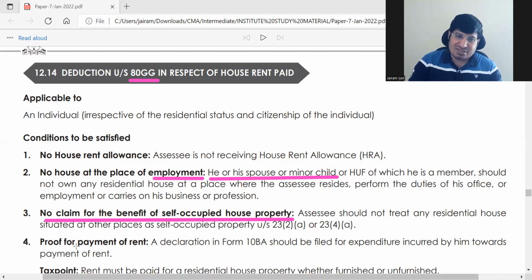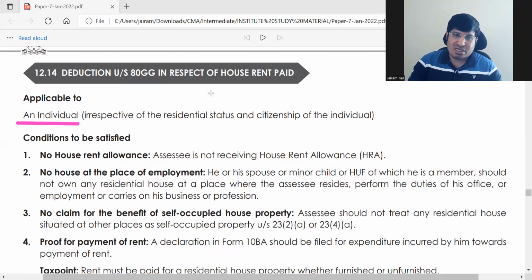And the last thing is proof for payment of rent. Declaration in form 10BA should be filed by him. So these are the 4 very short, small points. One, it is for any individual for house rent paid.